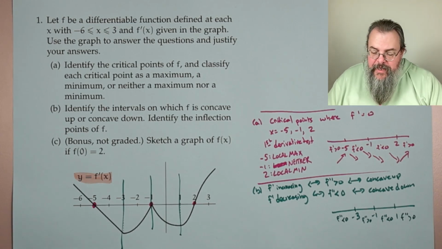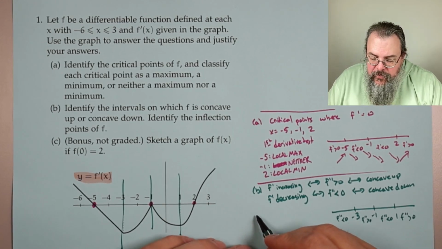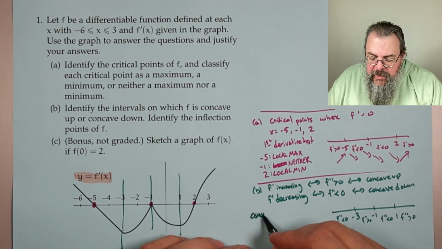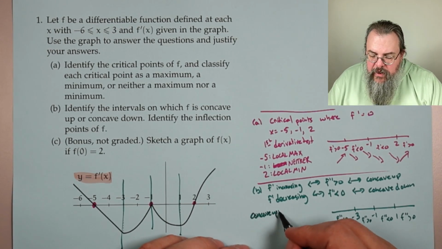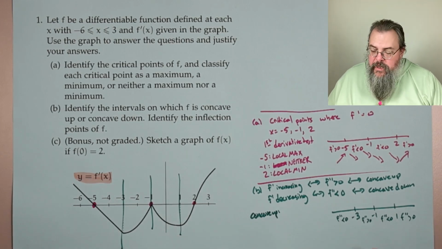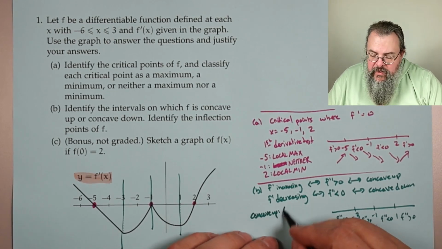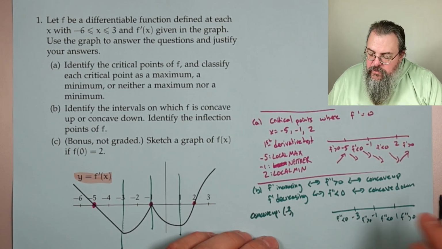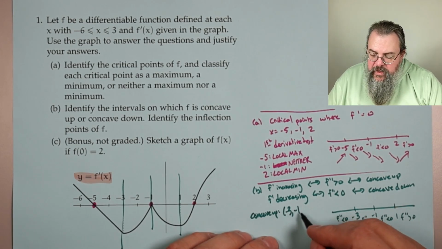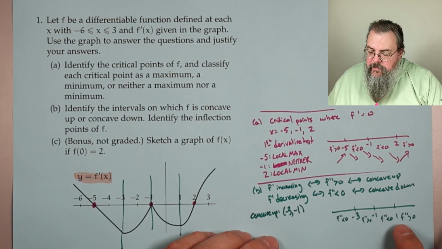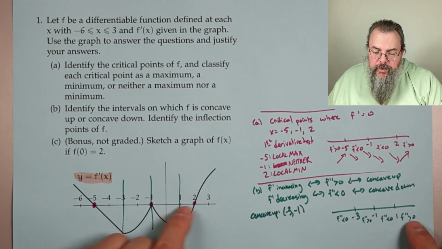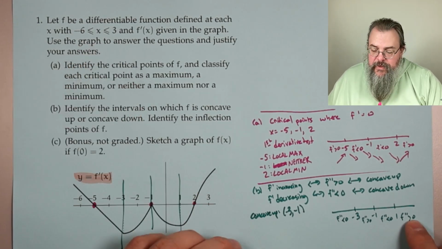Okay, so where are we concave up? For that, we're looking for our intervals where we have positive second derivative. So -3 to -1, and from 1, and really we're going 1 to 3 because we stop at 3.